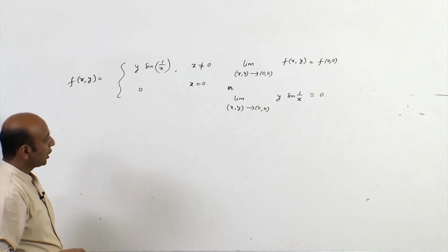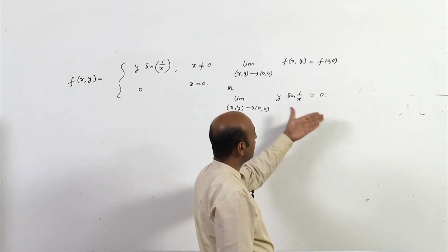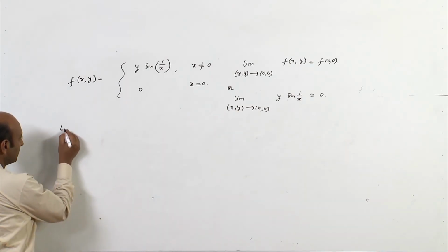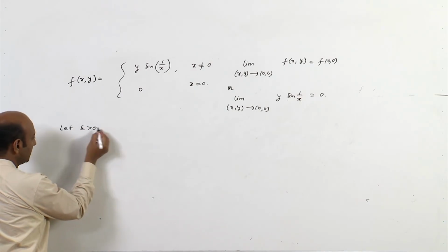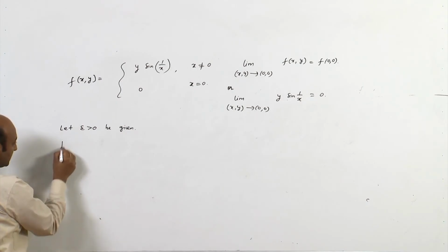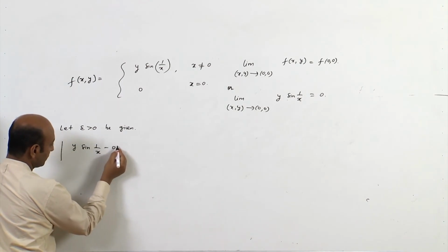Now, again we will try to show this using the delta epsilon definition. How can we use it? Let epsilon greater than 0 be given. I will take this side, mod of y sin(1/x) minus 0.